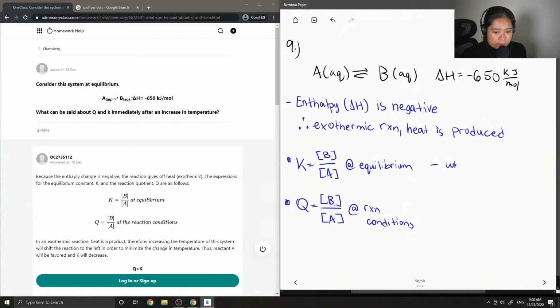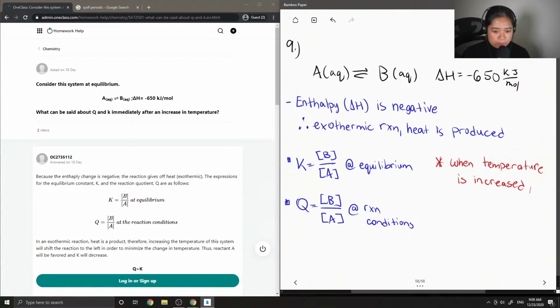So when we, let's try a different color. Okay, so when temperature is increased, we can also look at this as that we are adding heat.